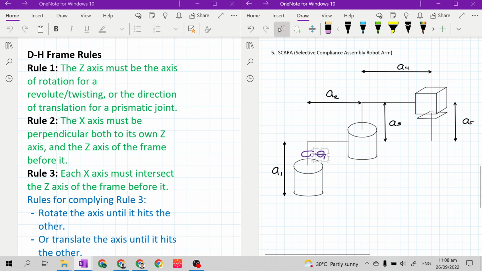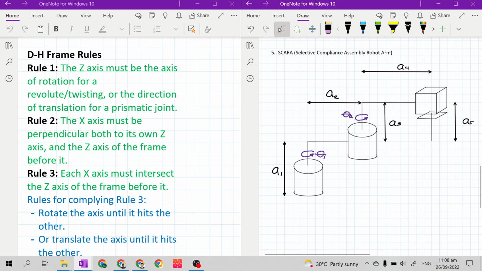Next is theta 2. Here is our theta 2. Don't forget, class: counterclockwise is the positive rotation.